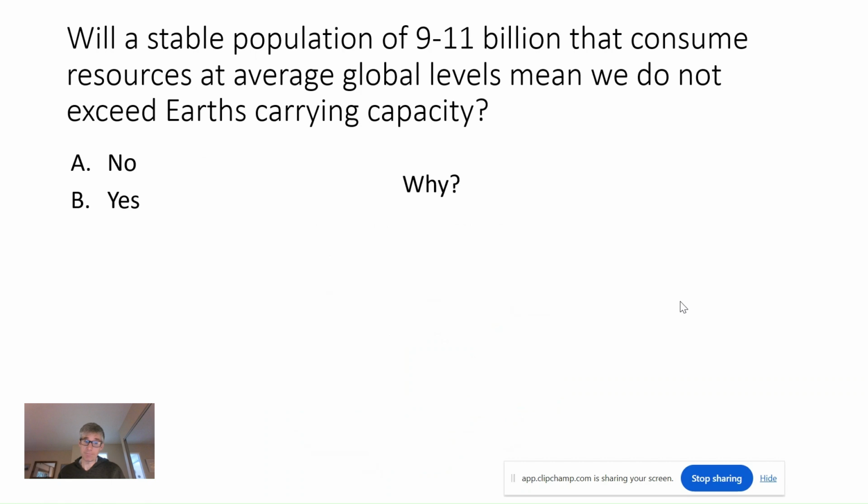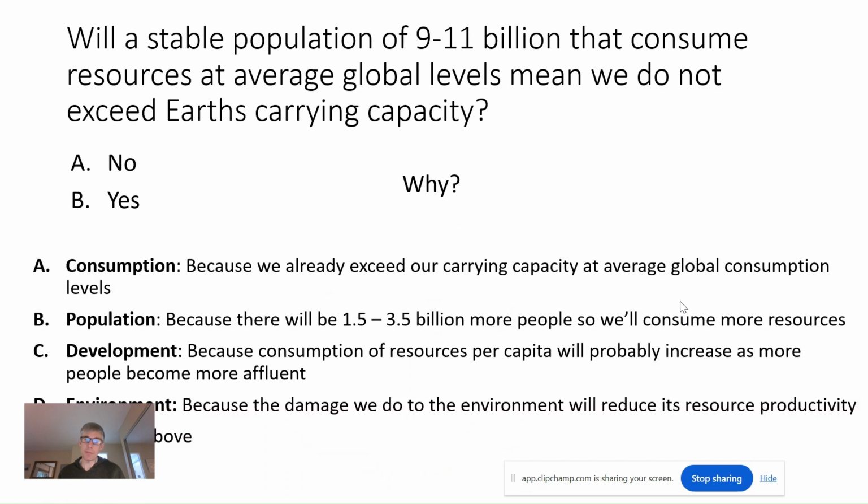Why do you think that? I'm going to hazard yes, we will. And my reasoning is, first of all, we already exceed our carrying capacity if you take the average global levels, and that's driven by developed countries. Second, we're going to have even more people consuming even more resources in the future. Third, we're likely to actually use more resources per capita because our technology improves and our capacity to manipulate the environment increases.